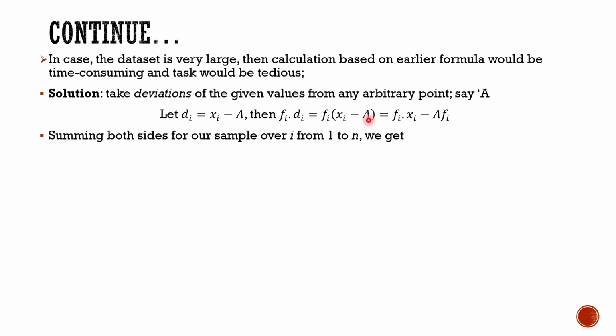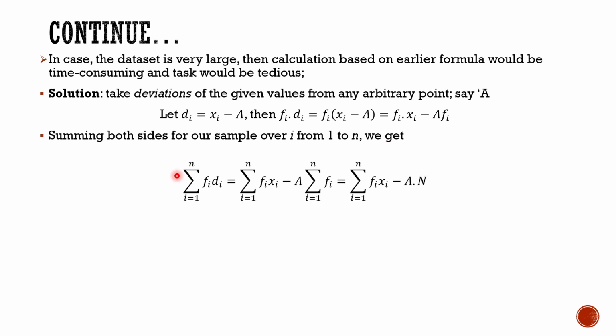Why am I using this a into fi? Because here a is a constant, and it will not change over this whole calculation. Now summing both sides for our sample over i from 1 to n, we get summation of fi into di from 1 to n is equal to summation of fixi minus a into summation of fi.